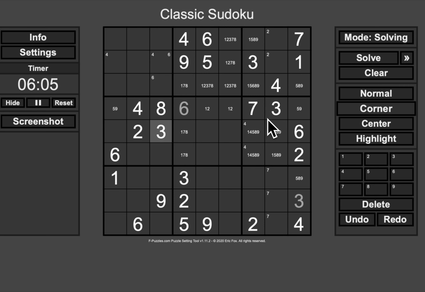Let's see, I have to still place a 3 in row 8. And I've placed a 2 in row 7. But I knew that already, because these are a 1-2 pair. So the fact that one of those spaces in a pair must be a 2 tells me absolutely nothing that I don't already know.